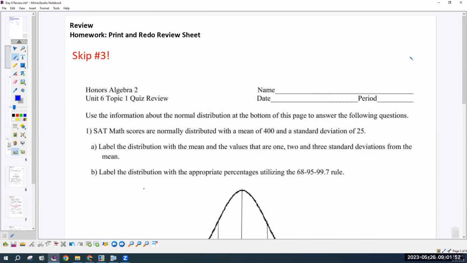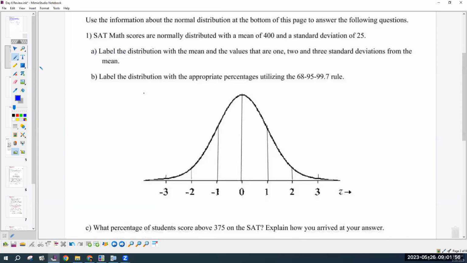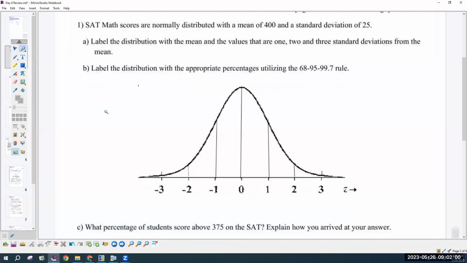So SAT scores are normally distributed with a mean of 400 and a standard deviation of 25. Label the mean and values that are 1, 2, and 3 standard deviations away. So here we go. We've got 400 in the middle. That's the mean. 425, 450, 475, 375, 350, 325.